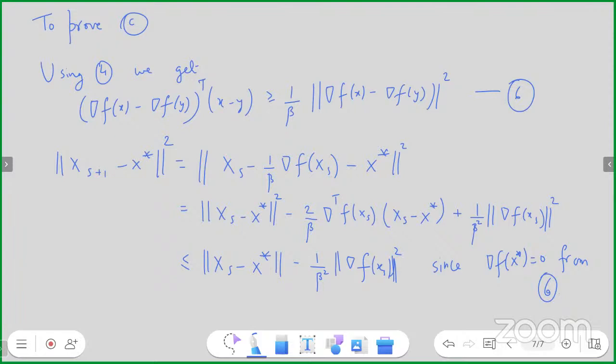Still any mistake? So essentially putting y equal to x star here, you can prove part C rather easily. That distance is. So this is very difficult to prove if you don't assume smoothness. Convexity doesn't give you this.